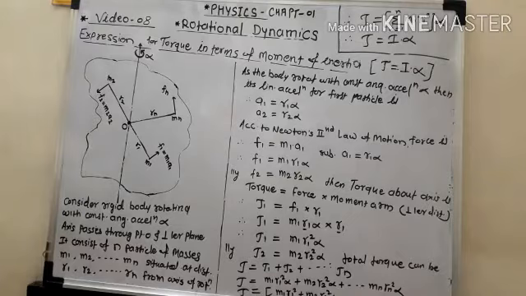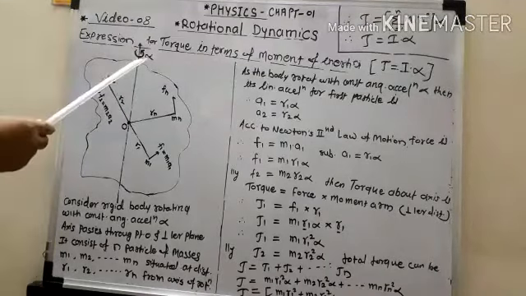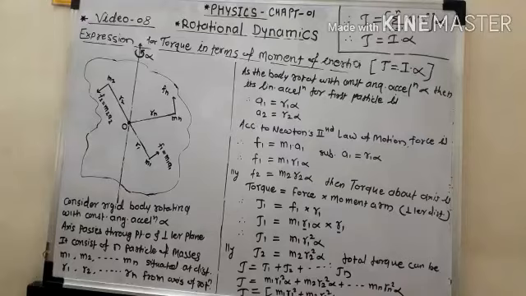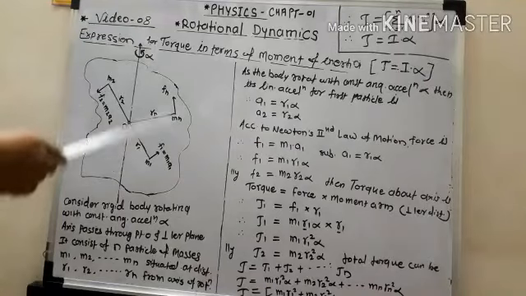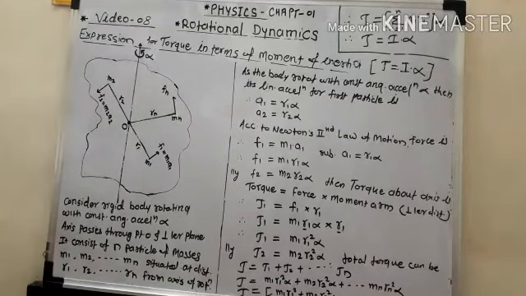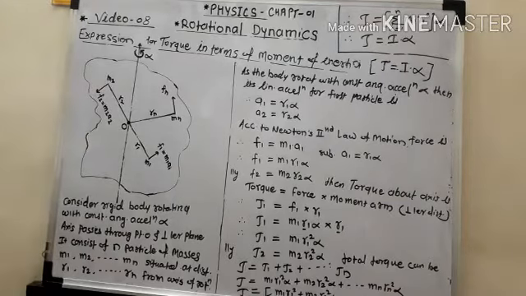If we apply a torque to that rigid body, then this rigid body can rotate about its axis with a constant angular acceleration alpha.